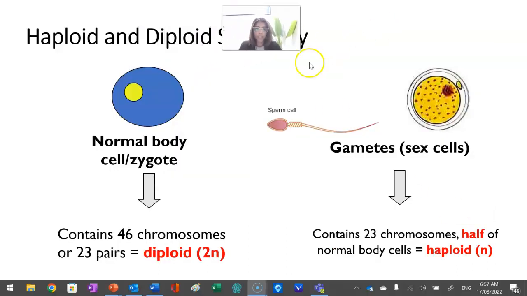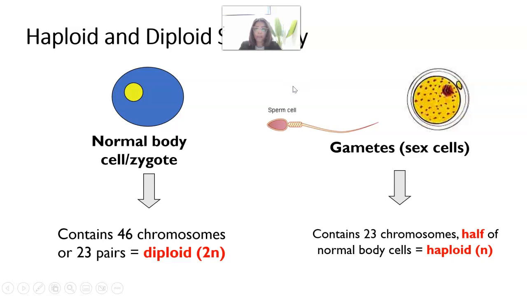Now a quick summary of the terms haploid and diploid. When we talk about diploid cells, we are referring to cells that contain the full normal chromosome complement of 46 single chromosomes or 23 pairs of chromosomes. Diploid cells are referred to as having the 2n number.